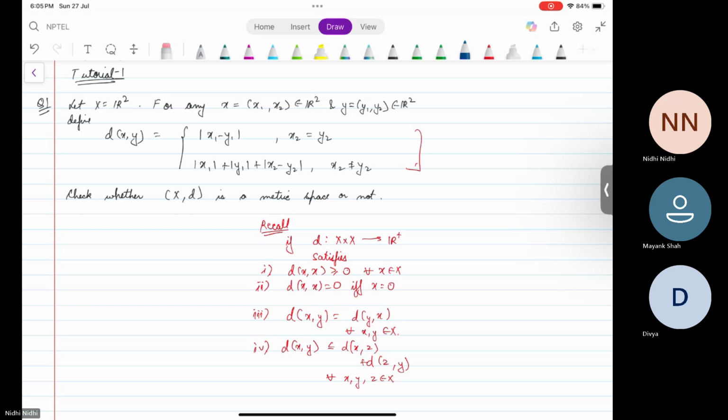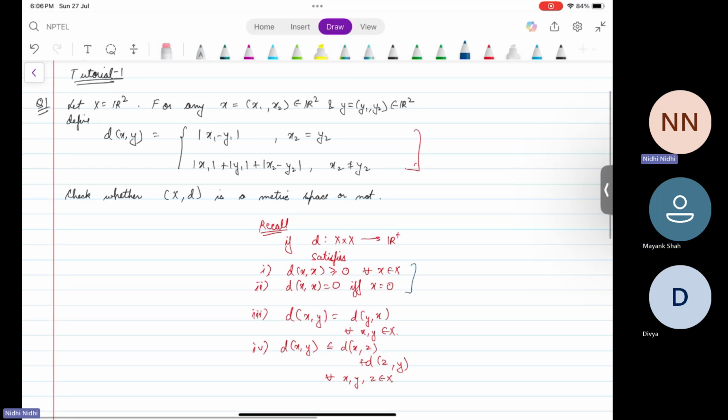Yes, Mayank. Hello, ma'am. I have a doubt. When we were doing the classes, sir defined metric space under three conditions. And here, he must have said these two in one, no? I've just made them two different conditions. That's it. Okay.